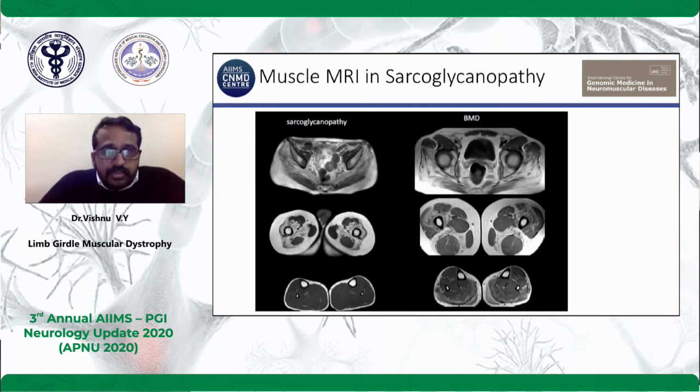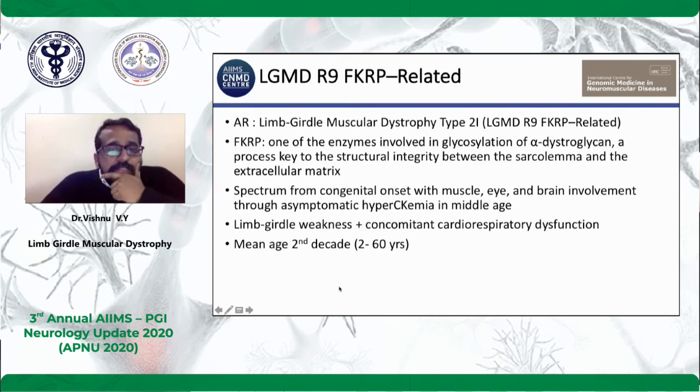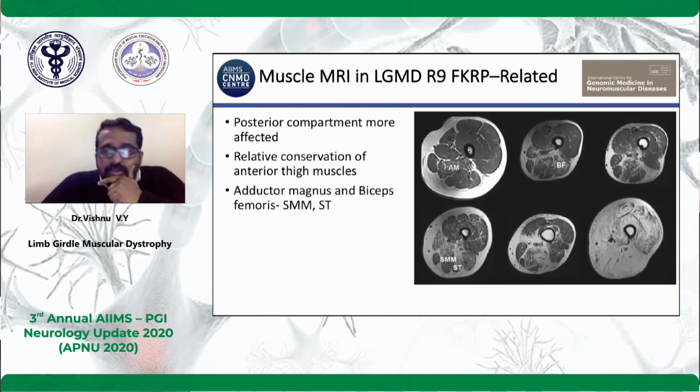So in LGMD, you can differentiate between the two. Maybe clinically they look the same at that point of time, but the lower legs are spared. Again, going to FKRP, I'm not going into the details, but the adductor magnus, biceps femoris, semimembranosus, and semitendinosus are affected. You may not remember the whole thing.